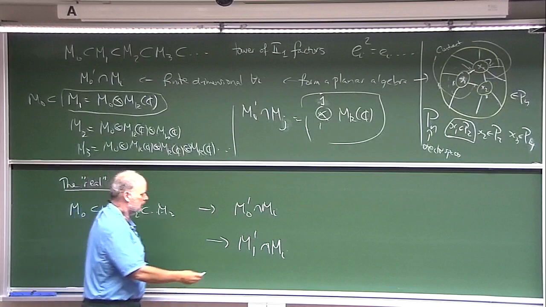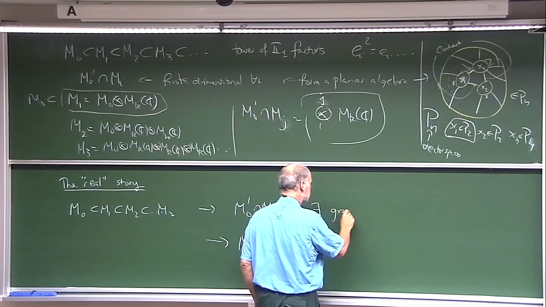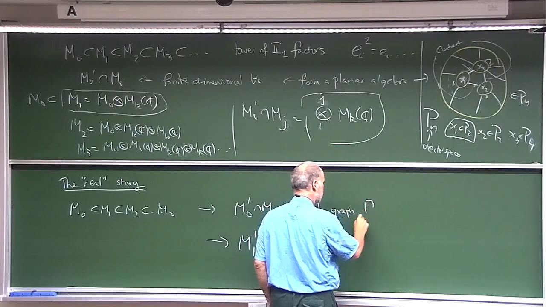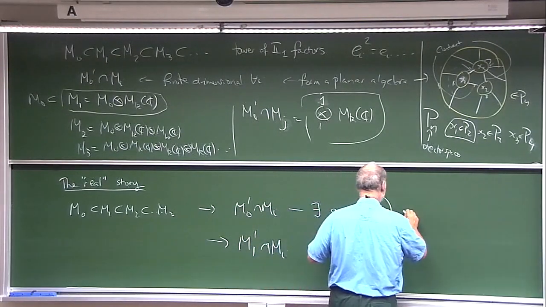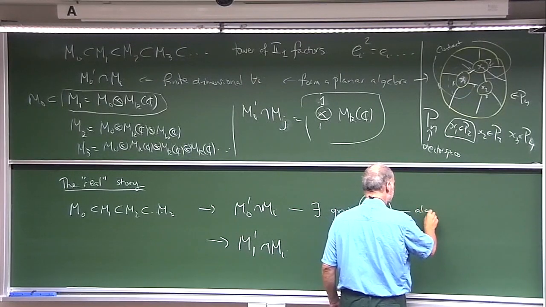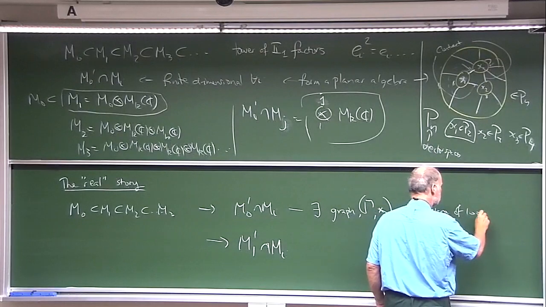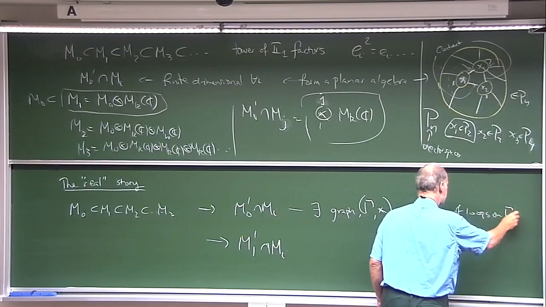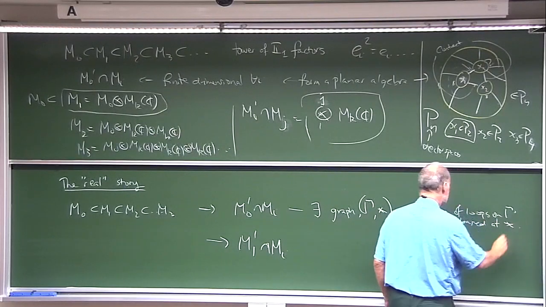I said at some point that there was a pointed graph, gamma, such that this algebra is the algebra of loops on gamma placed at star.